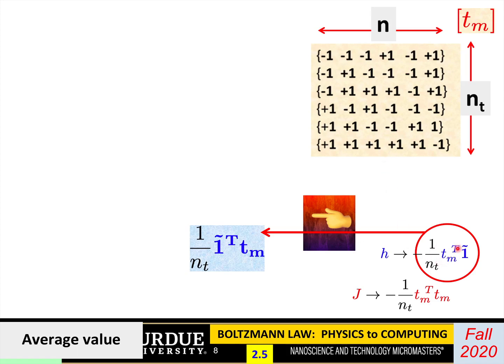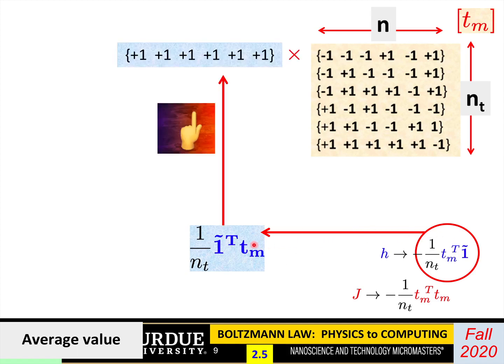Now this is Tm transpose times 1, and that's a column vector. But let's look at the transpose of this quantity. I have to take the transpose of this product, which is like the product of the transposes, but in reverse order. So instead of T transpose 1, I have 1 transpose T. And that's the transpose of that, so it gives me a row vector.